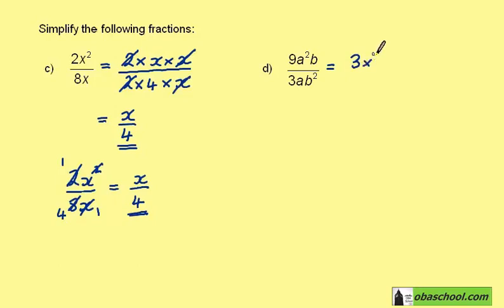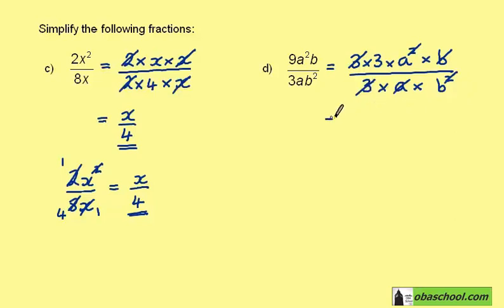We could write this as 3 times 3 times a squared times b, divided by 3 times a times b squared. 3 cancels with 3. a goes into a once and into a squared a times. b goes into b once and into b squared b times.